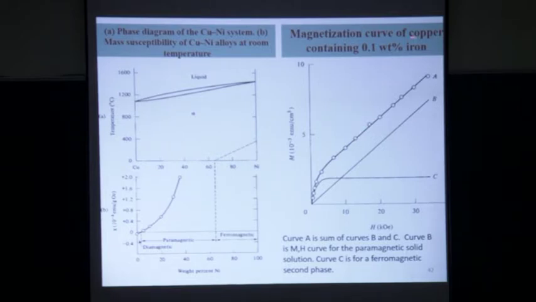Now, what happens if you have a material like copper, which is not ferromagnetic, and then you add a small amount of magnetic elements to it, like iron? In that case, you will get a contribution from the paramagnetic and a contribution from the ferromagnetic, and you add up these two contributions to get the total contribution.